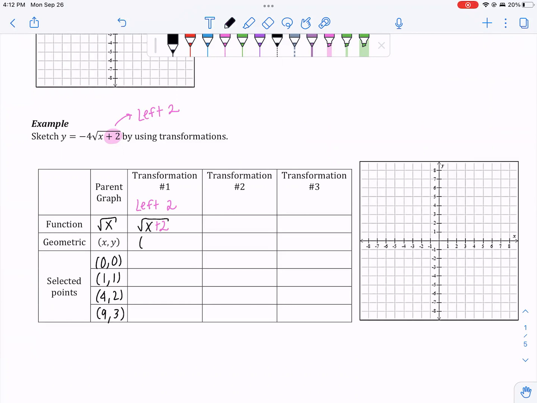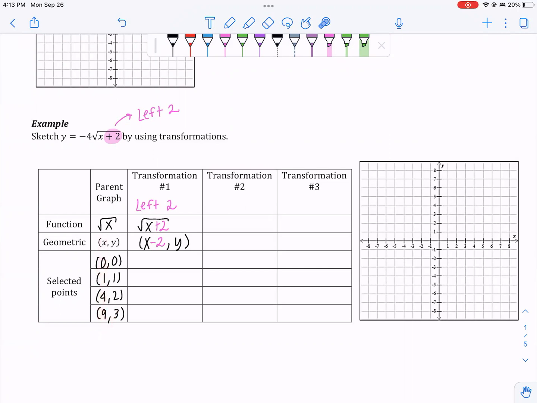Geometrically, we're taking these same coordinate points and we are subtracting 2 off the x coordinate. So it's x minus 2, not 0, y. X minus 2. So when you shift to the left 2, it shows up as plus 2 on the inside of the function, but the actual transformation that you're doing is subtracting 2 off of the x value.